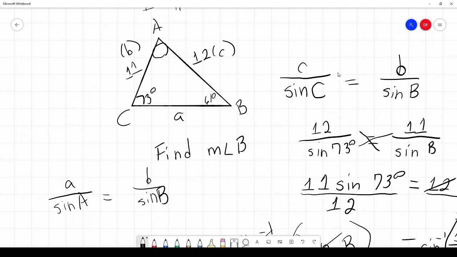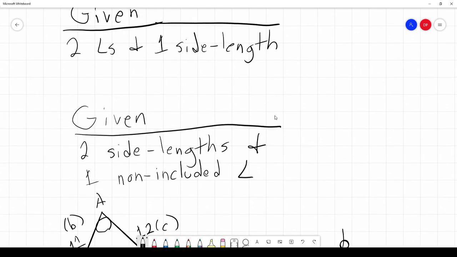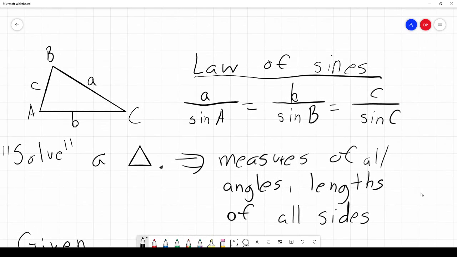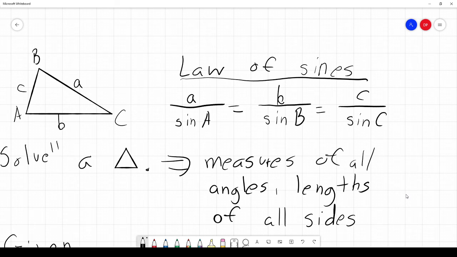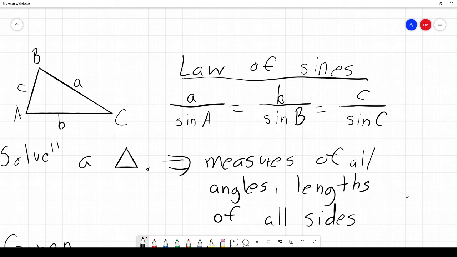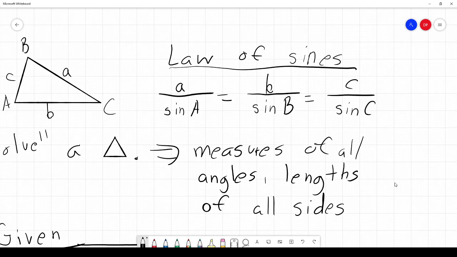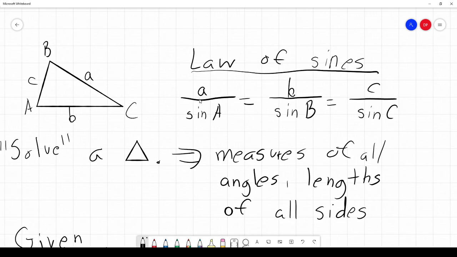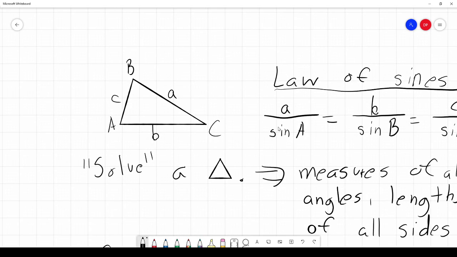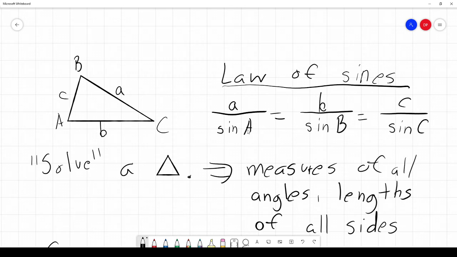I would say finding angles is a little bit trickier because you have to use the inverse trig functions. But again, the overall idea today, we'll spend more time on this. So if you're getting a little bit lost in the details for today, don't freak out too much. Just try to understand the overall idea here of the law of sines, which is, again, this works for any triangle, and that these ratios are always going to be true.